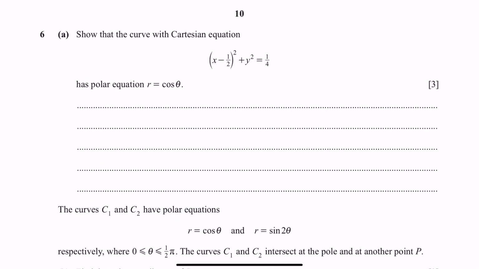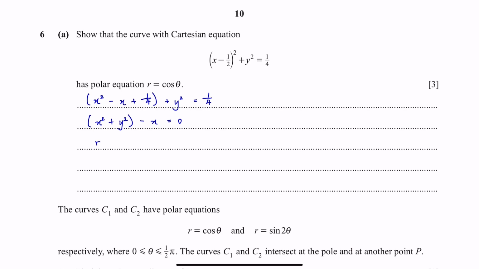We need to change this Cartesian equation into the polar equation. So let's expand the bracket first. Then we can group the x squared plus y squared together, and minus x equals 0.